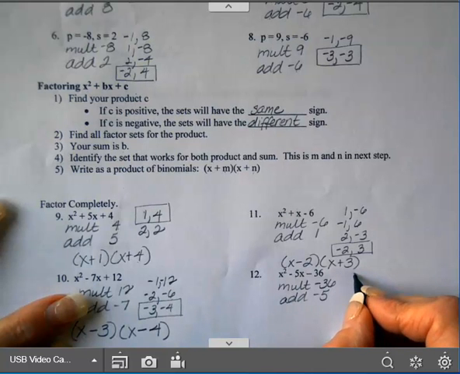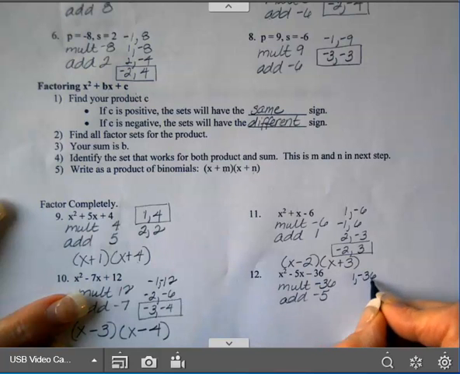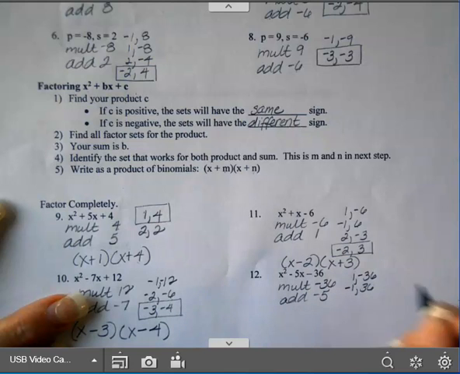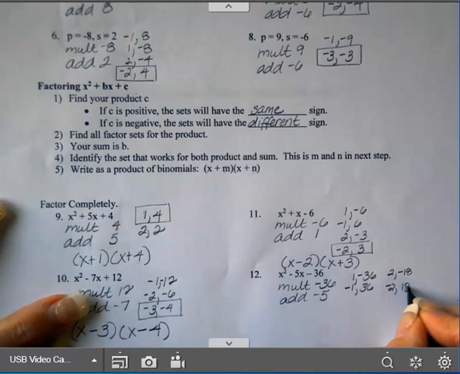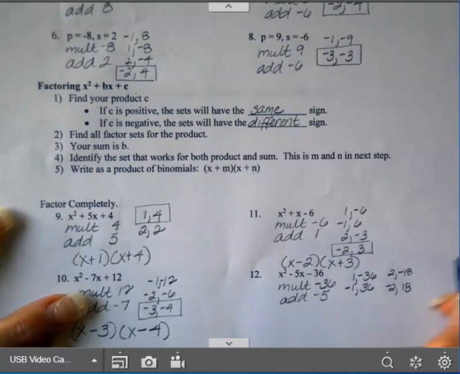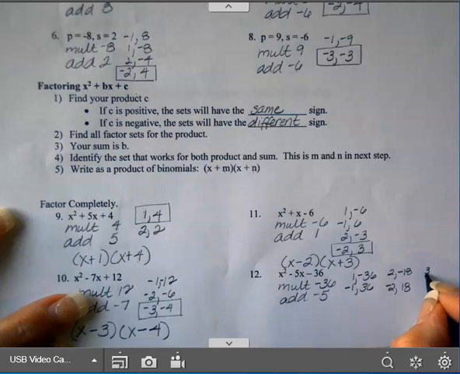And I can write these down. So I have 1 and negative 36, negative 1, positive 36. That pair didn't work. I have 2 and negative 18, and I have negative 2 and positive 18. That pair didn't work.